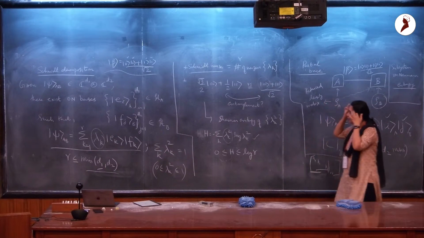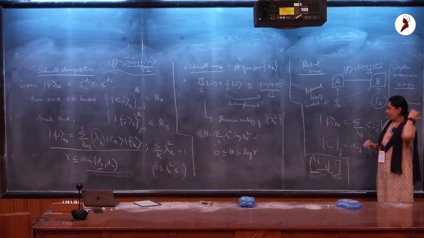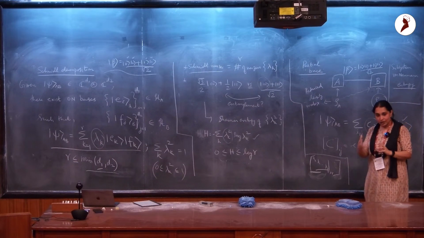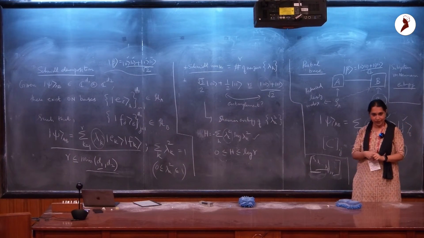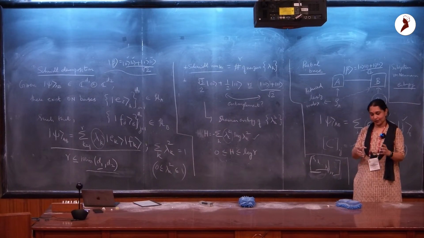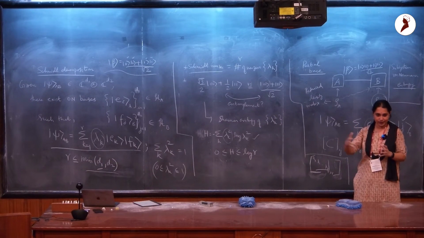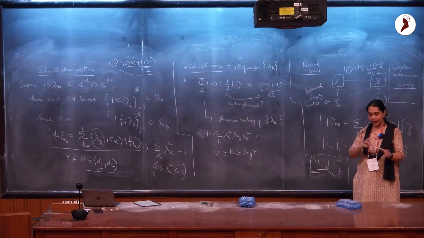I can think about situations where I consider mixtures of density matrices, right? And when I talk about mixtures of density matrices, then the von Neumann entropy of that mixture has a certain convexity property and so on; you will see that there are lower and upper bounds.